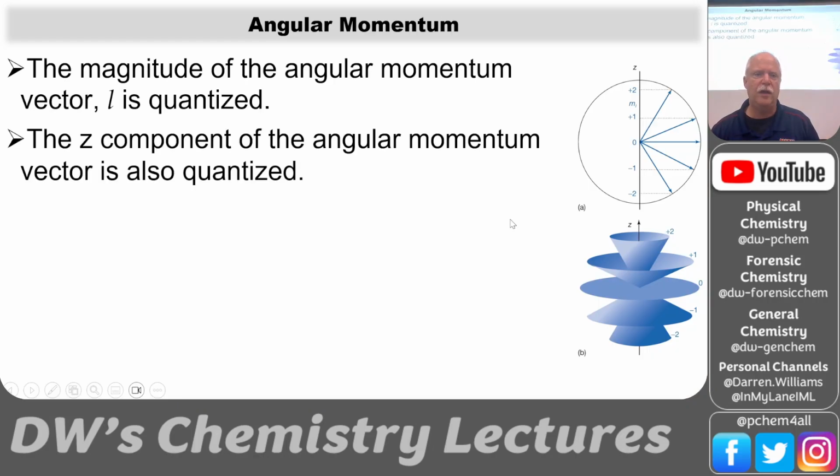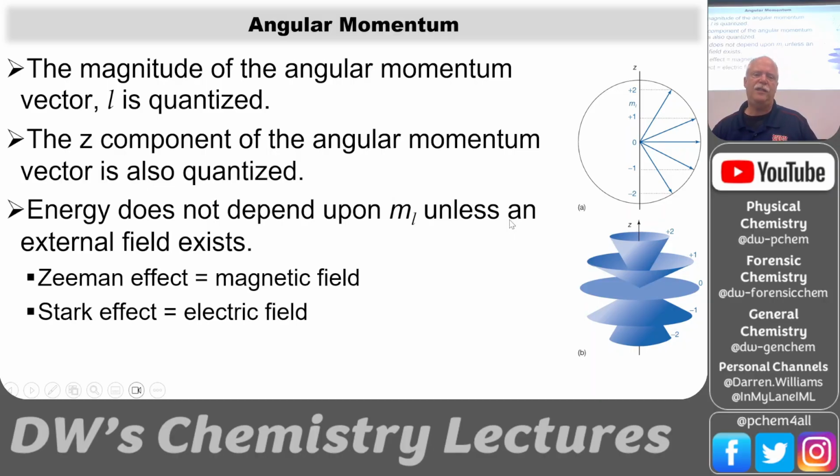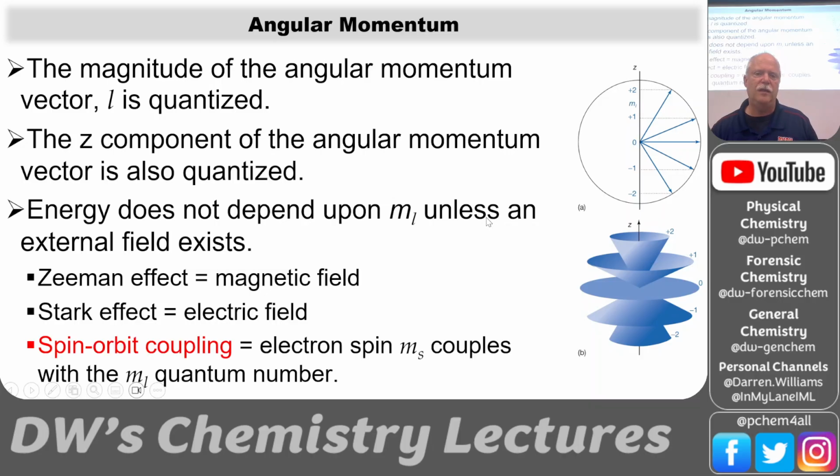So let's look. Okay, so this is just a side deal about the z component of the angular momentum and this magnetic quantum number, the m sub L. We really don't do much with that. It does sort of describe the direction in space of that orbital. The energy doesn't depend upon it unless it's in a magnetic field or an electric field. So if it's a magnetic field, you get some splitting called the Zeeman effect.